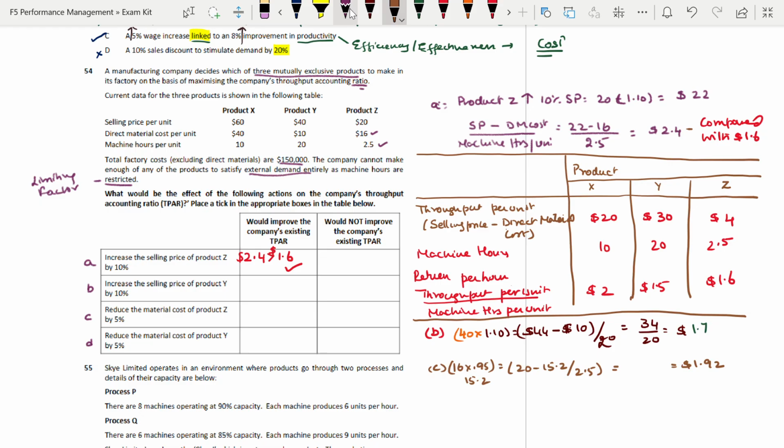The company cannot make enough of any of the products to satisfy external demand as machine hours are restricted. With improve current existing rate, okay? Is it at the current existing rate?